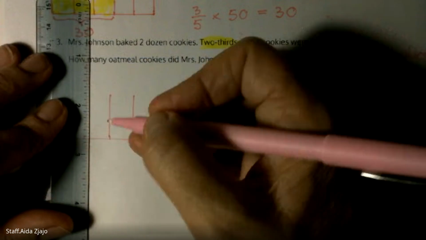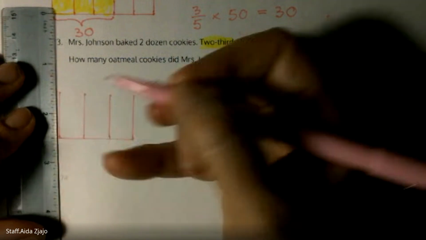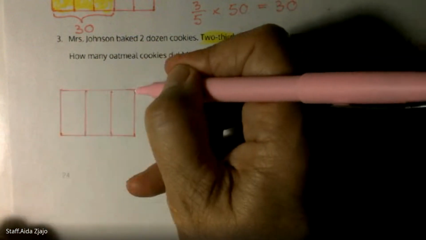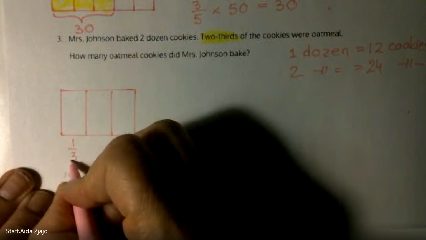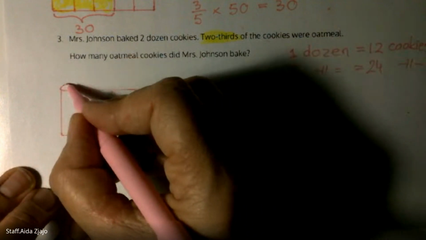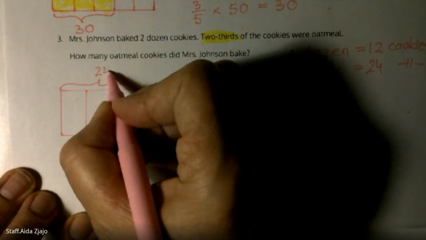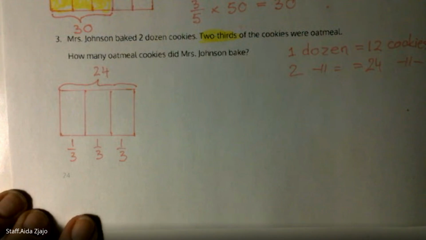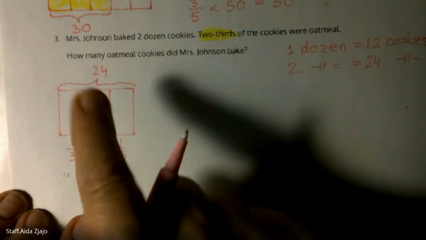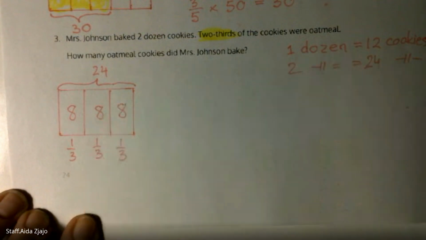It shows thirds. So here they are: 1/3, 1/3, 1/3. The whole number of cookies is 2 dozen or 24 cookies. Now I'm thinking, what is 24 divided into 3? That's 8. 3 times 8 is 24.